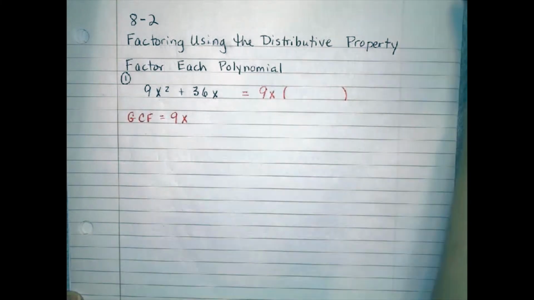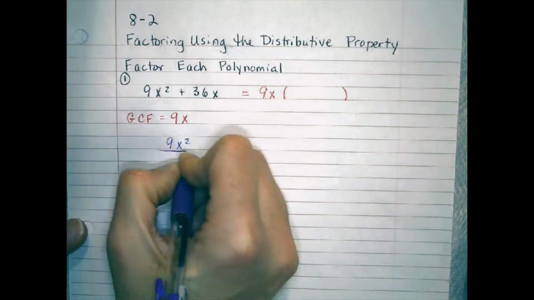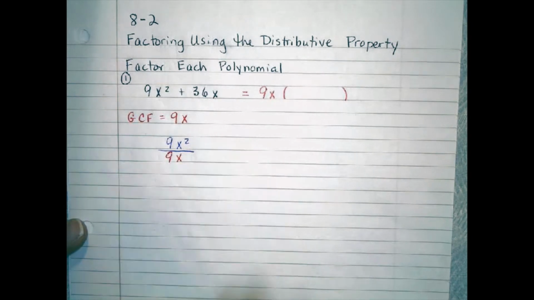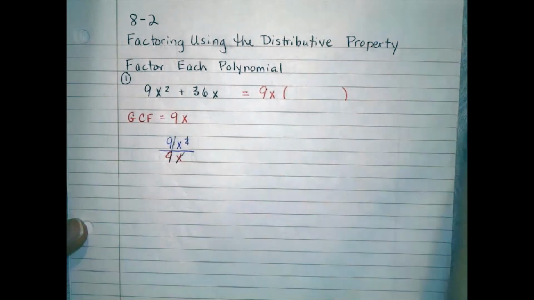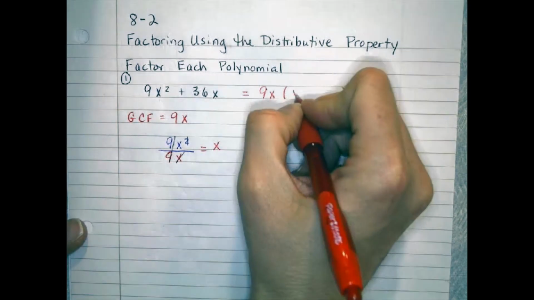So I'm going to take 9x squared, and I'm going to divide by the GCF of 9x. When I do this, you'll notice that the 9's cancel and one of the x's cancel. And what I'm left with is simply x. So my first term is x.